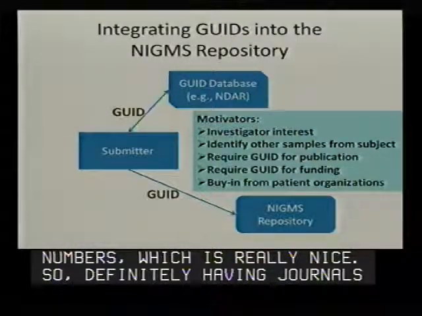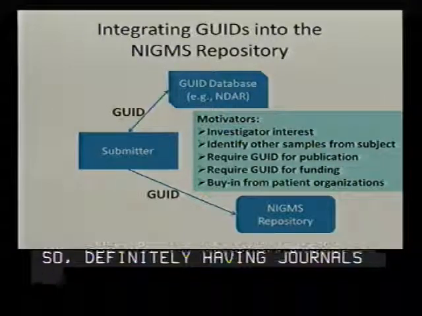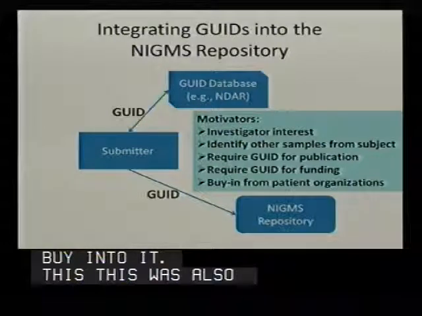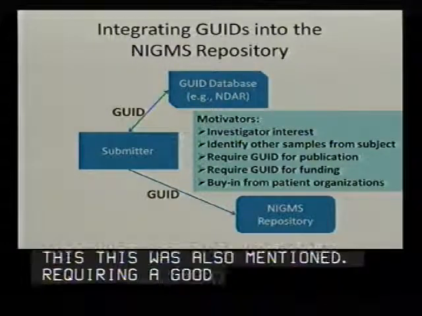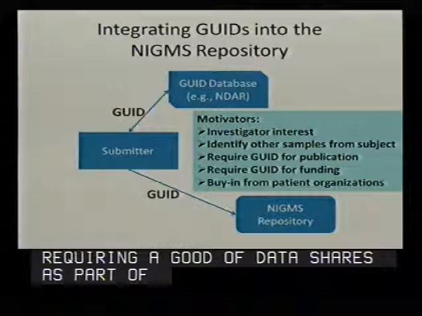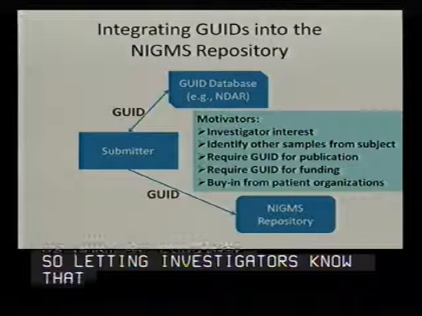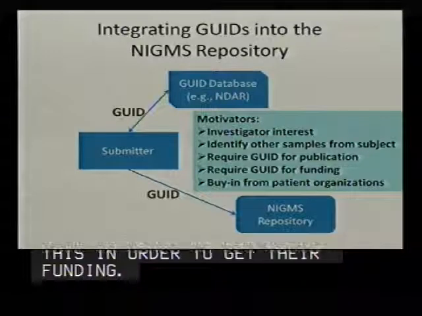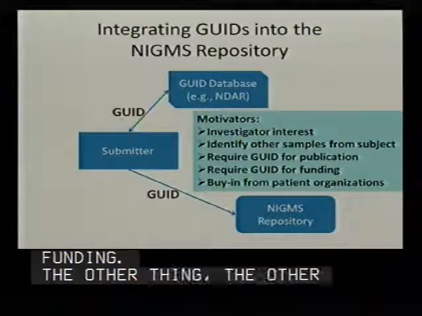And also, as was mentioned, requiring a GUID or data sharing as part of funding. So basically letting investigators know that they need to participate in this in order to get their funding. The other thing to be considered is patient organizations.